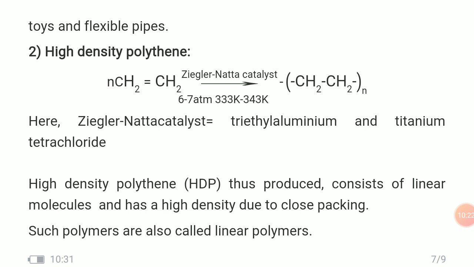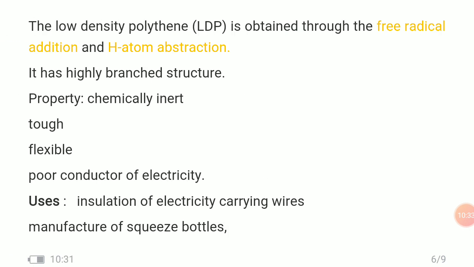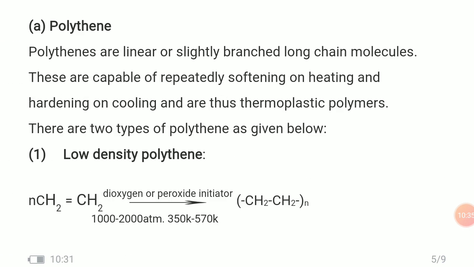The difference between high density polythene and low density polythene is the catalyst. In low density polythene, we use dioxygen or a peroxide initiator, and here the pressure and temperature are high.